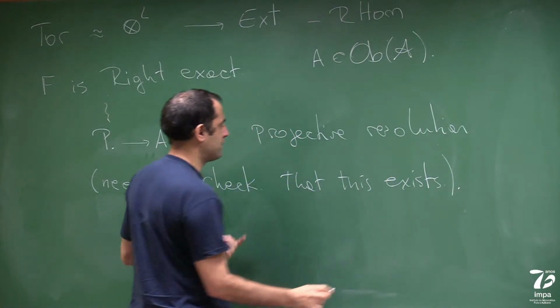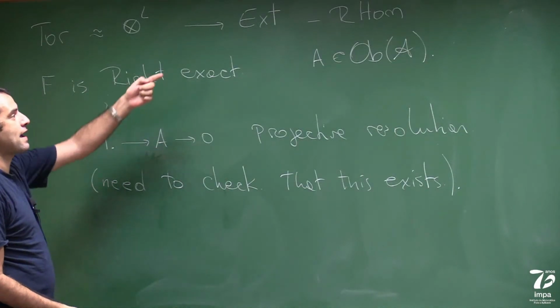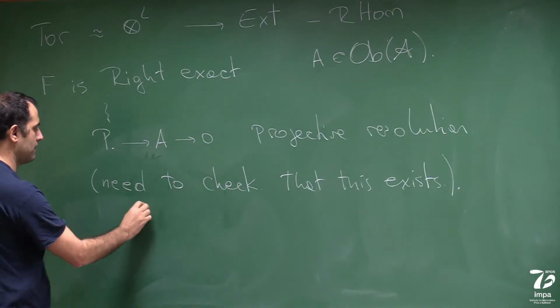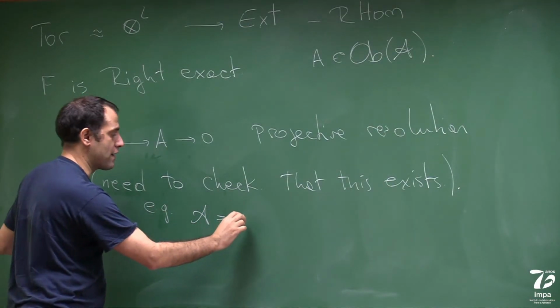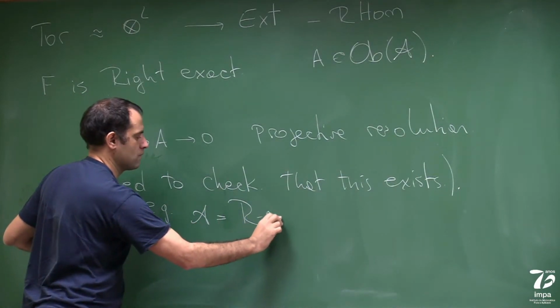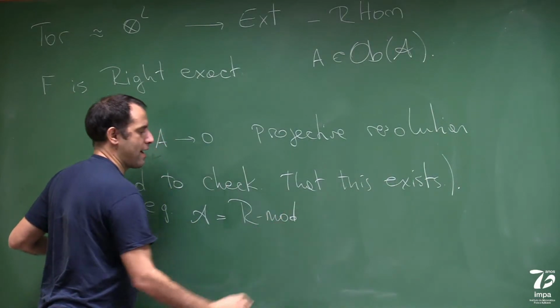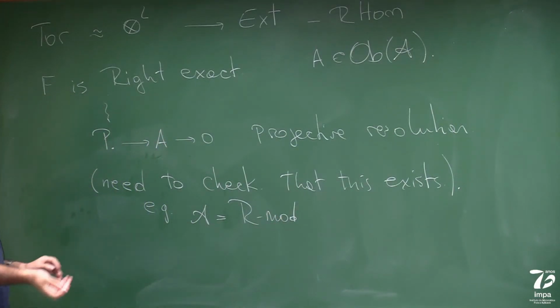We checked, for example, that this does exist if the category is the category of modules for a given ring. But we can't check that this exists for an arbitrary abelian category, because that's not true.